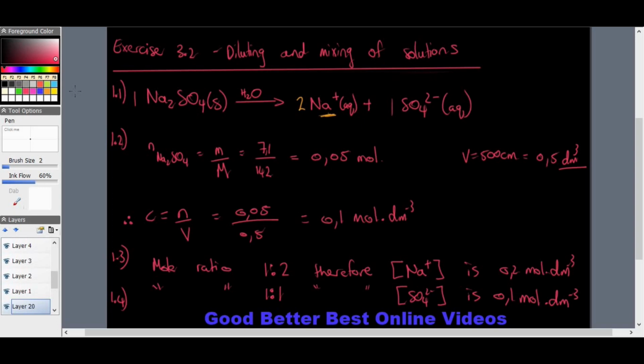So now we first had 500 cubic centimeters of water. Now we have 1,000 cubic centimeters of water. So in other words, we have 1 decimeter cubed. And the amount of moles that we had first was 0.05.